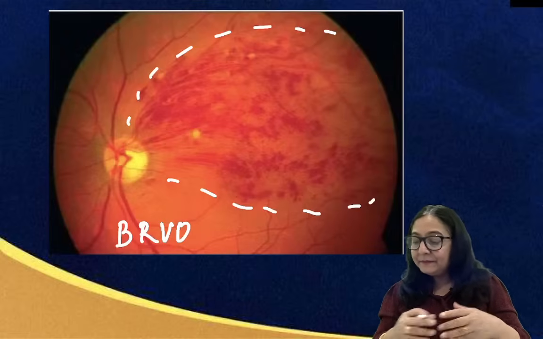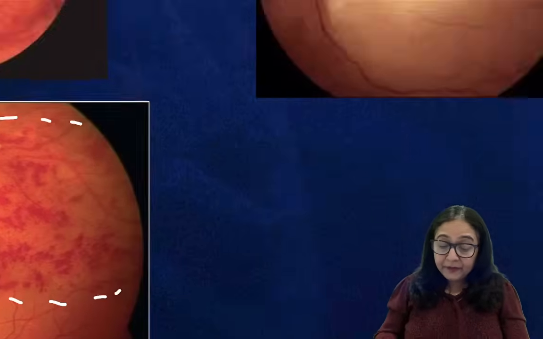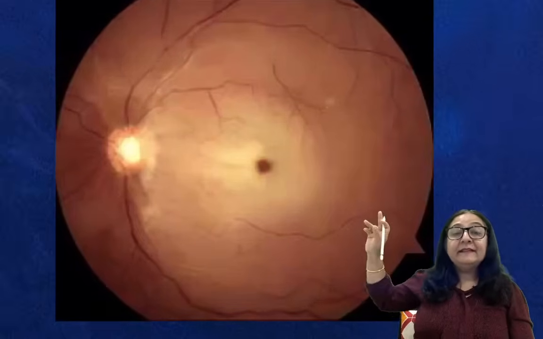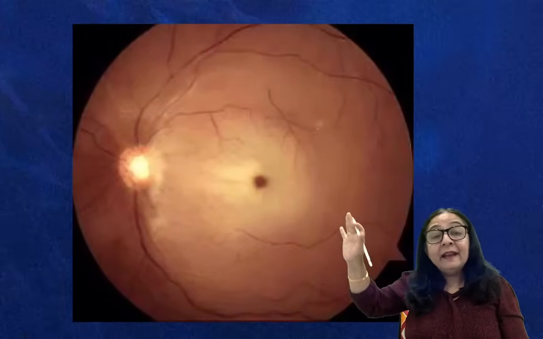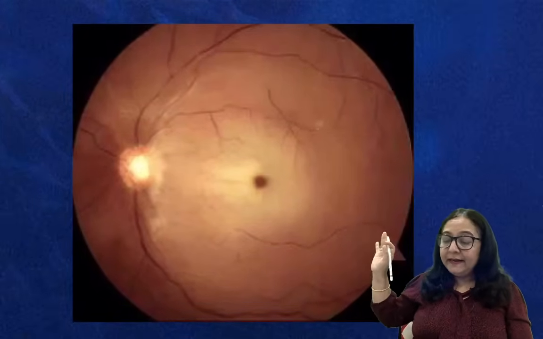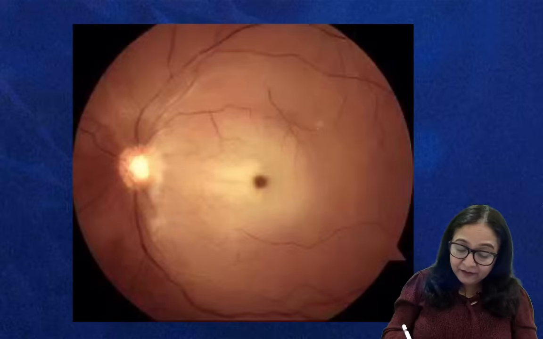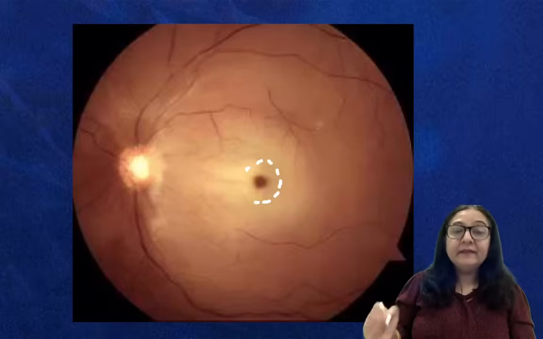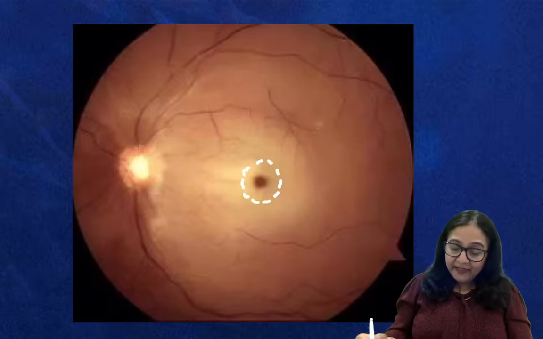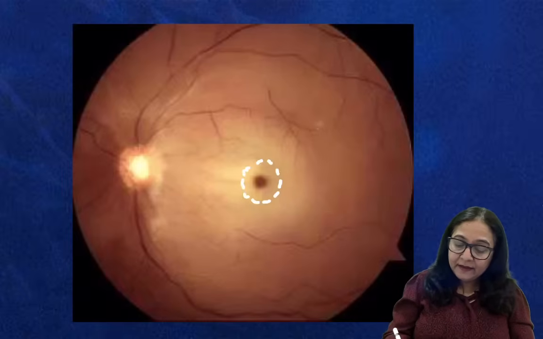Okay, right? Now, when the picture is like this, that the retina is appearing whitish or pale, and there is a cherry red spot, then your diagnosis is central retinal artery occlusion.